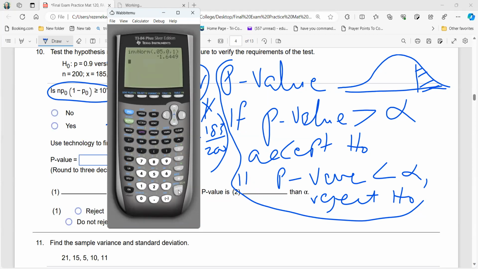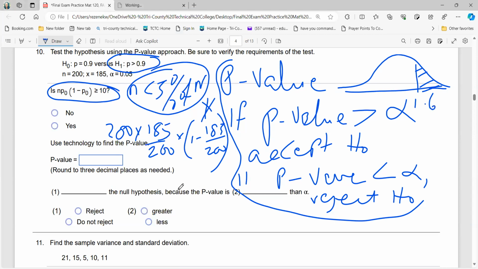The normal curve is symmetrical, therefore the critical value for the right tail is 1.64. The critical value for the right tail is 1.64. Okay, so now we want to do the hypothesis test with our calculator.